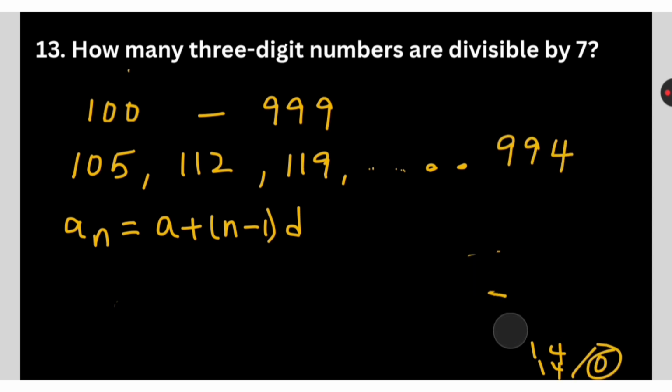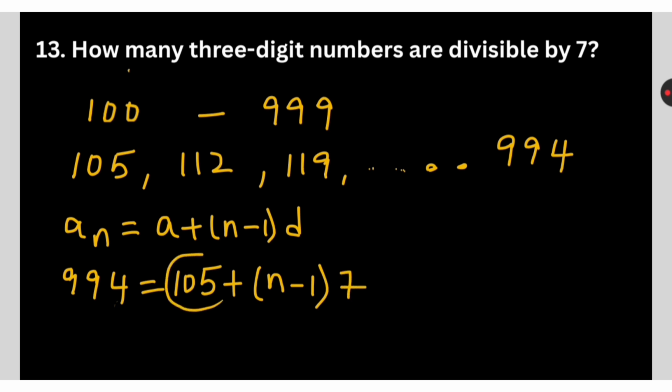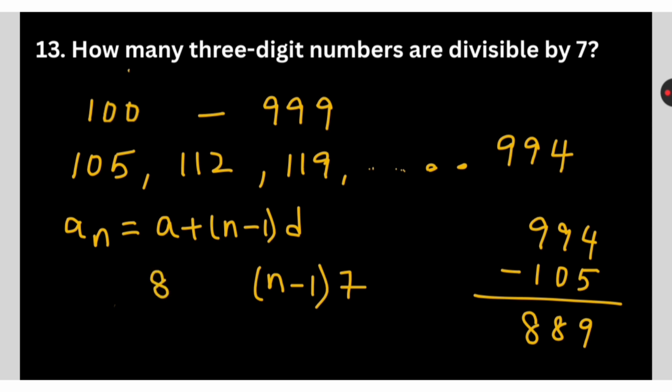That is our an. So now we know an, which is 994, and we know the first term, which is 105, plus n minus 1 into the common difference. We are adding plus 7 each and every time, so our common difference is 7. Now this 105 goes to the left hand side, that is 994 minus 105, which gives 889. 889 equals n minus 1 times 7.